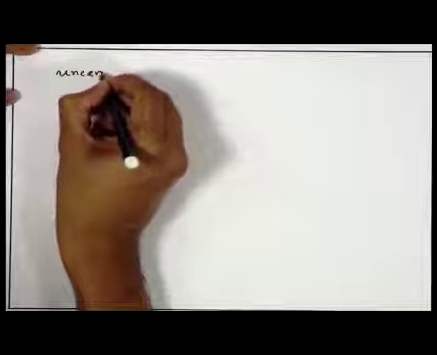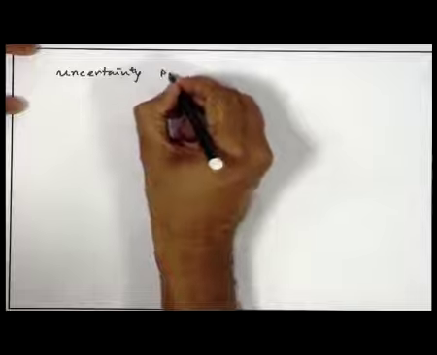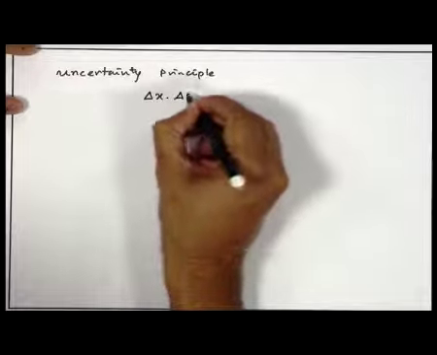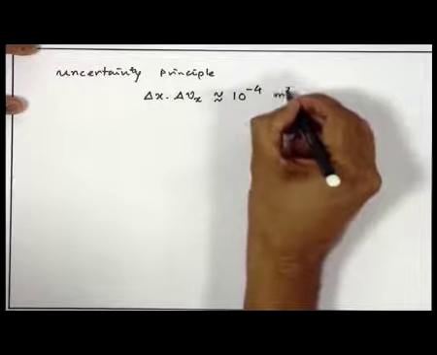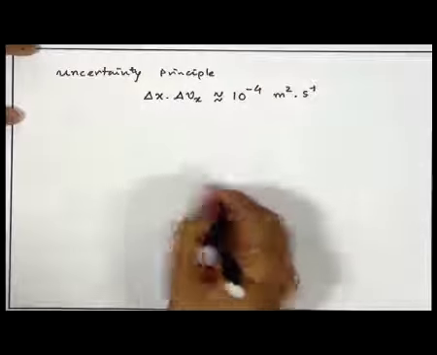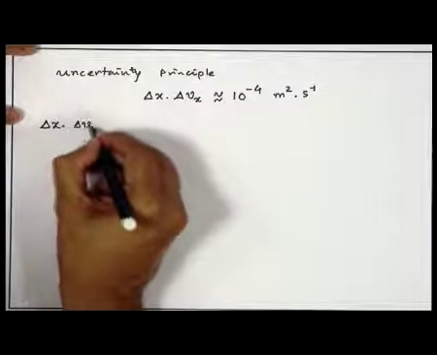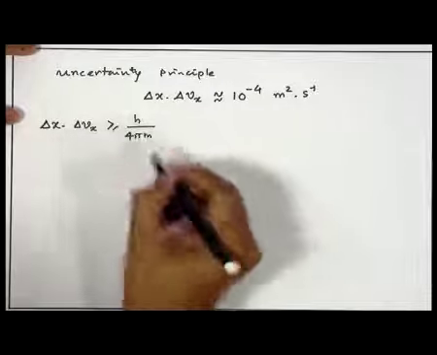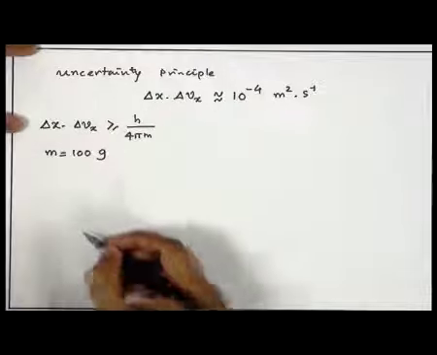And then let us write this down, uncertainty principle, delta x multiplied by delta v x for an electron came out to be 10 to the power minus 4 meter square per second. Let us find out the same delta x delta v x, which is greater than h by 4 pi m, but in this case let us find out when m is 100 gram, an everyday object.